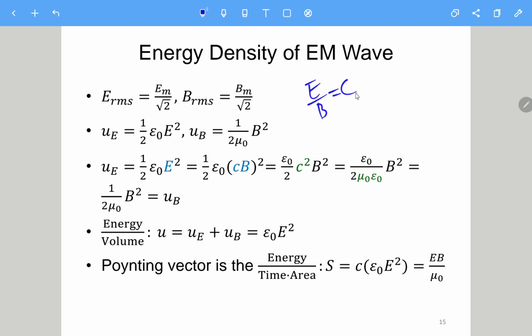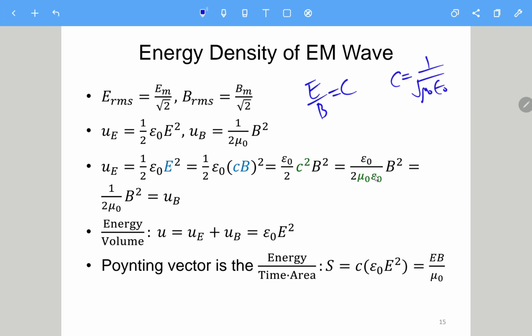So E equals Bc, and then we just distribute this square into c and B, so we have c squared B squared. And then if you still remember the speed of light, c equals 1 over square root of mu naught epsilon naught.